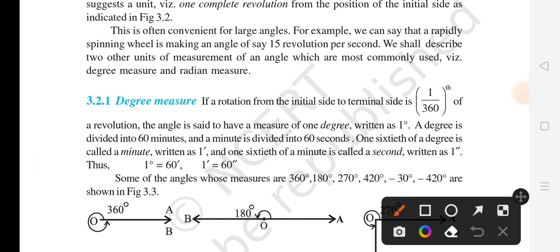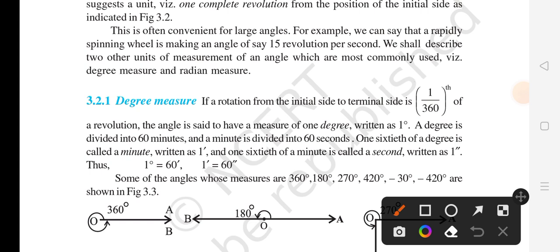That means if we have a complete revolution and we divide it into 360 parts, then each part is 1 degree.